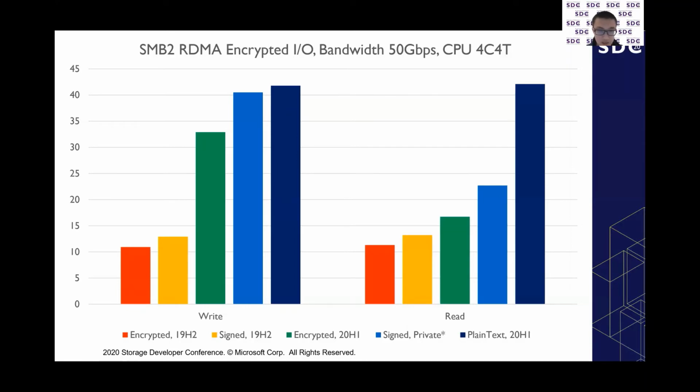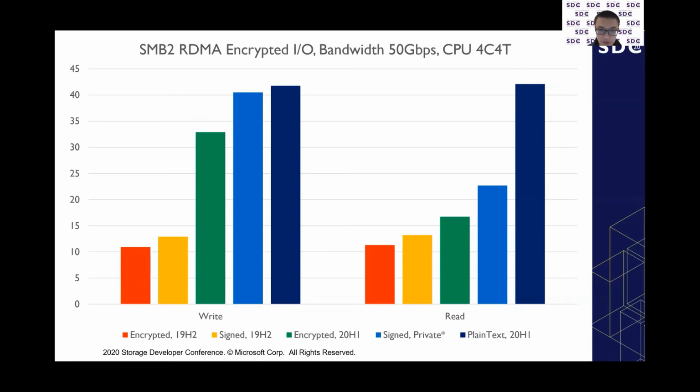For write, you can see there's a very good throughput increase of around 3x, but for read it's only maybe around 1.5x. This is due to a known improvement on the parallelism needed on the client side when we receive encrypted read messages.